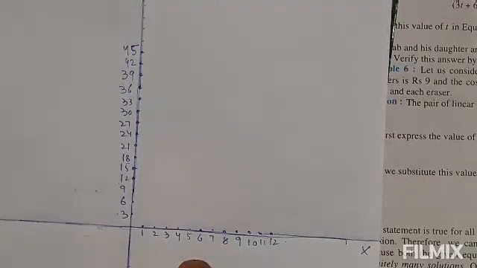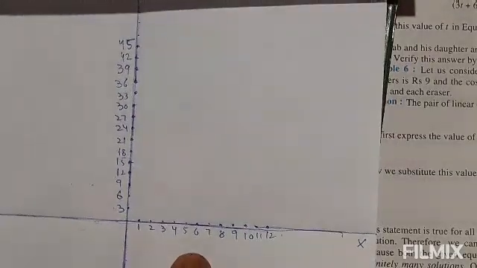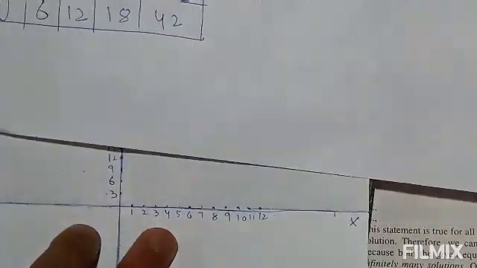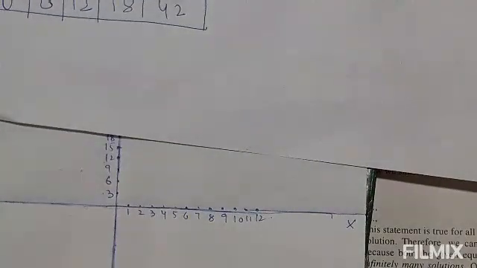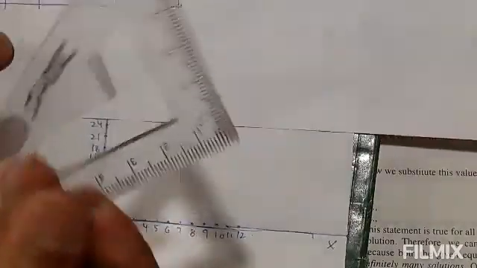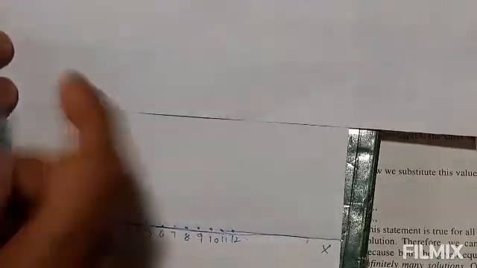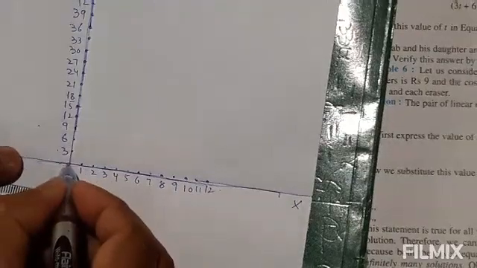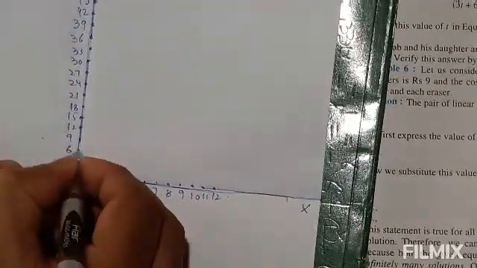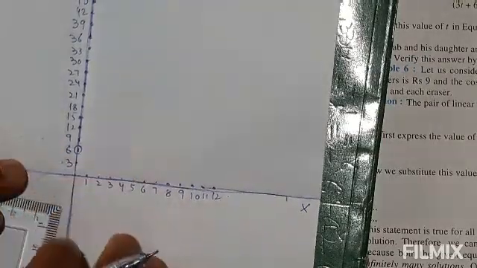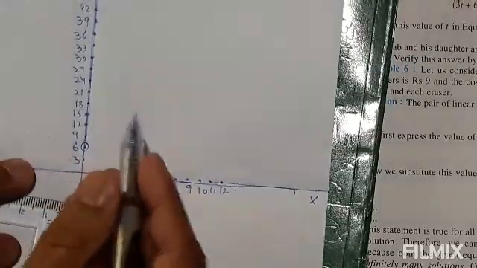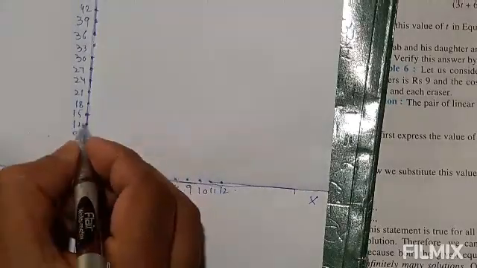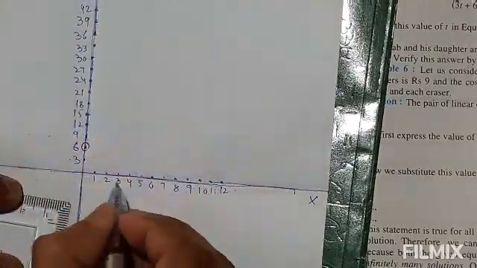We have to plot these points from equation first. From equation first we have this table. Let me take the help of this set square. The first point is x is 0 and y is 6. It's here. Do you follow me? Next, y is 12 and the value of x is 2.